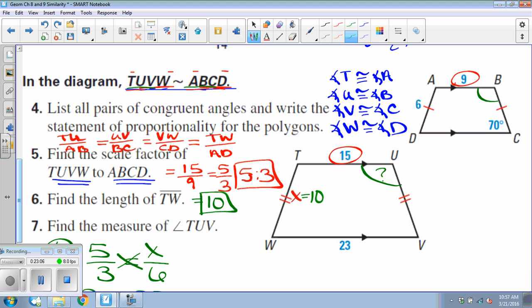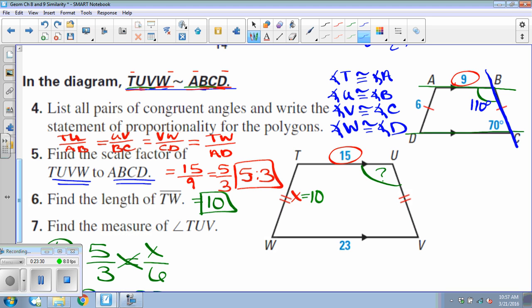Remember, these parallel lines, that's saying this line is parallel to this line. That makes this a transversal. So these two angles are what? Supplementary, because they are consecutive interior angles. They're consecutive angles, so that means they're supplementary. So if this is 70, what's this?